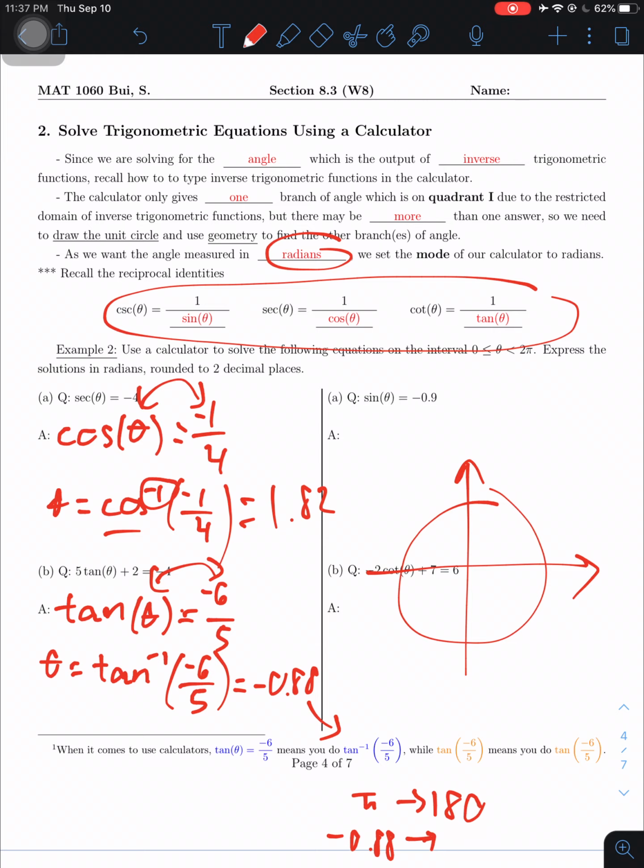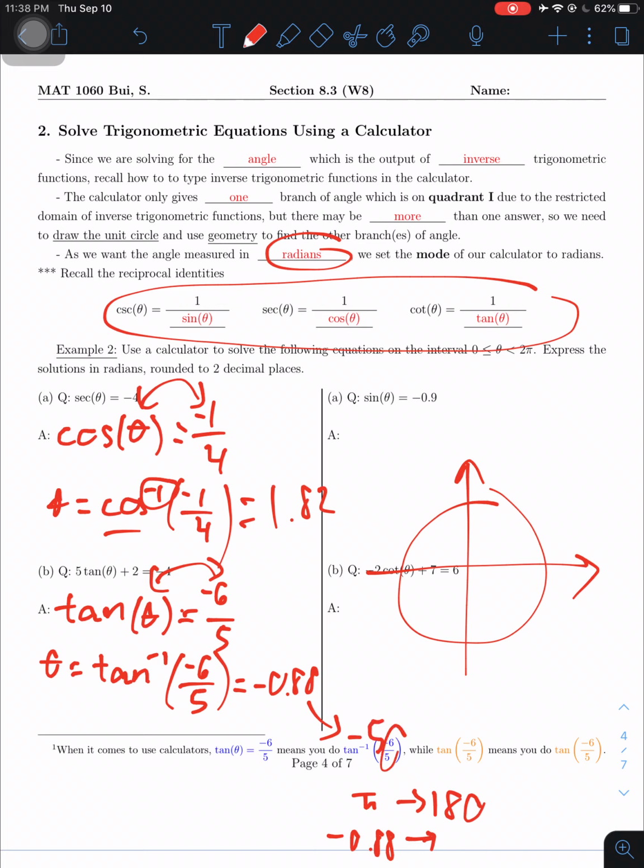So that's the setup, and we're gonna do negative 0.88 times 180 divided by 3.14, okay? So let me see what it gives us. That is negative 50 if you round off.